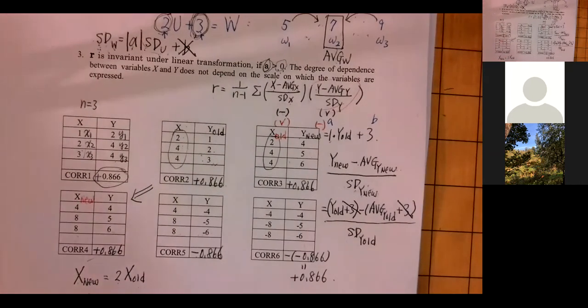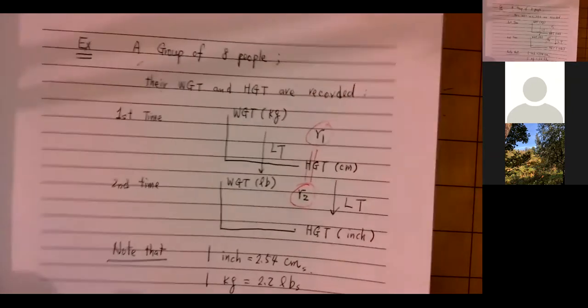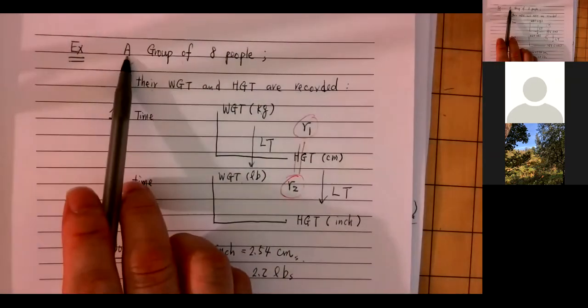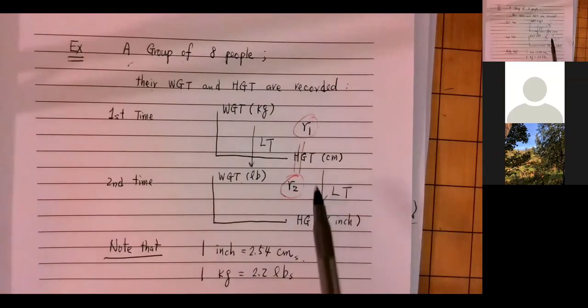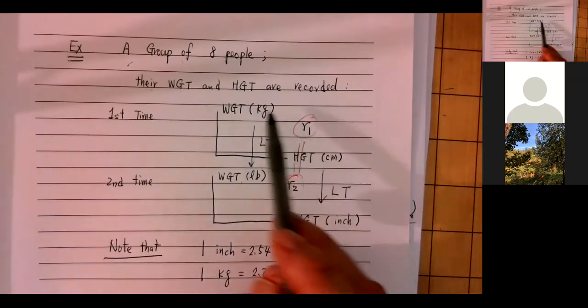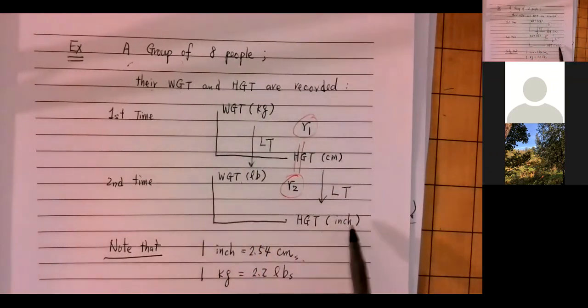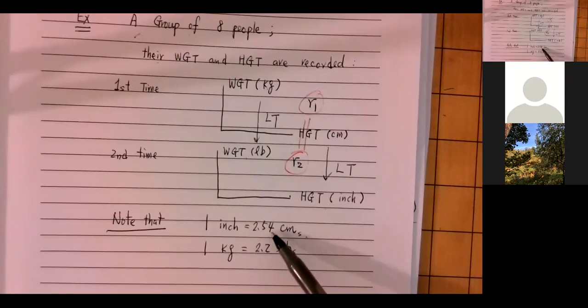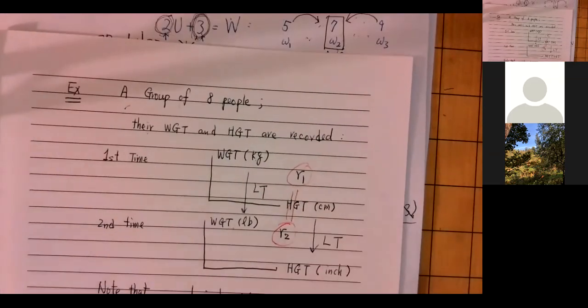So come back to see this. A group of 8 people, you measure the first time by centimeter and kilogram, and the second time by inches and pounds. Since this is just a linear transformation, R1 and R2 will stay the same, no change.